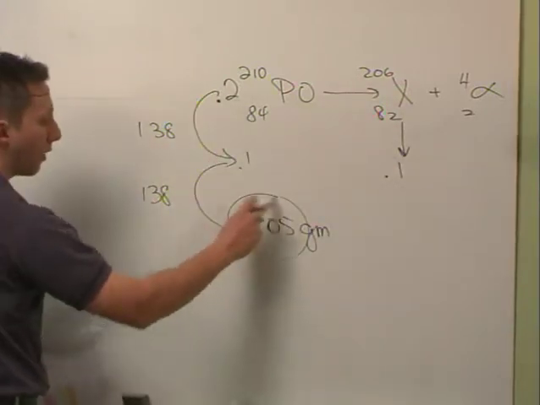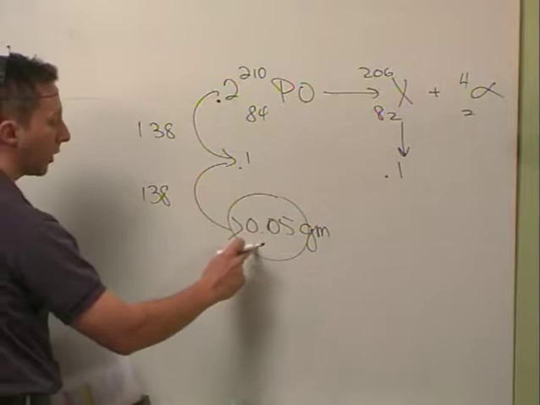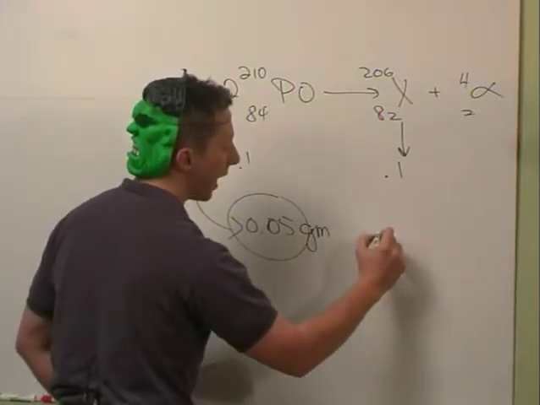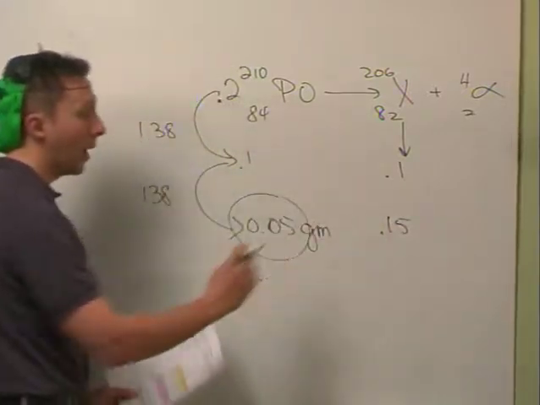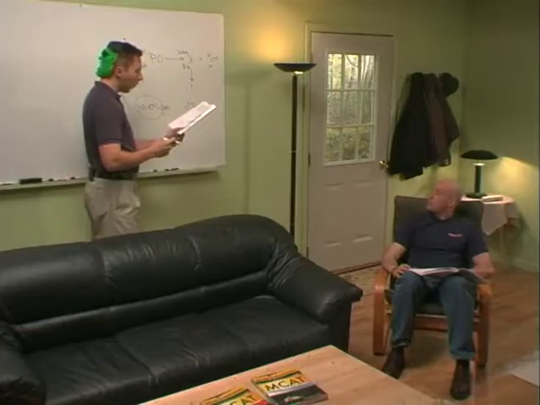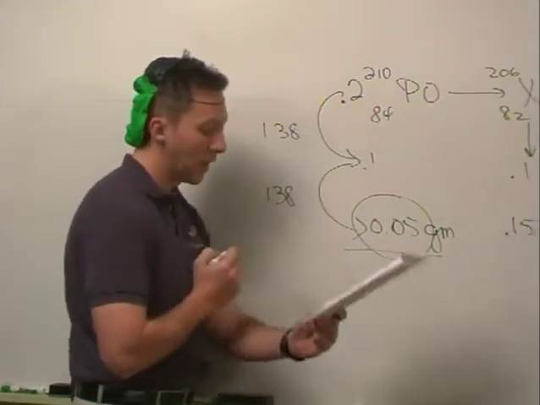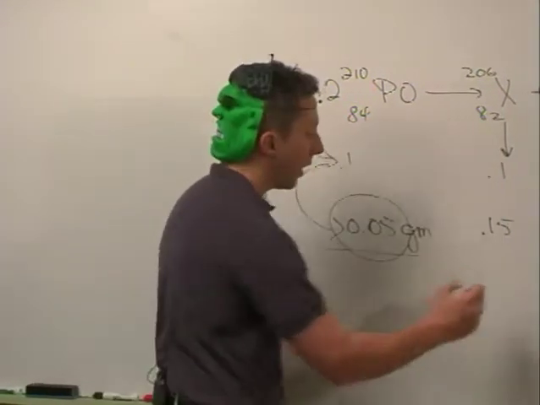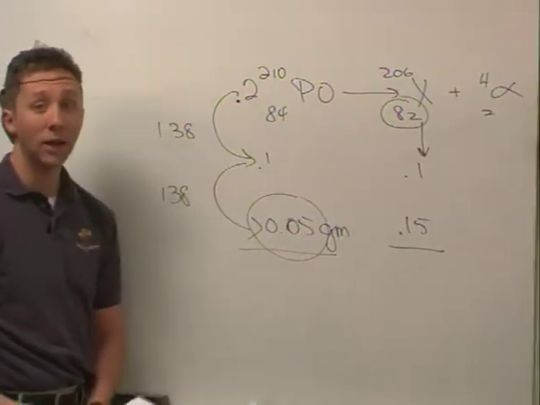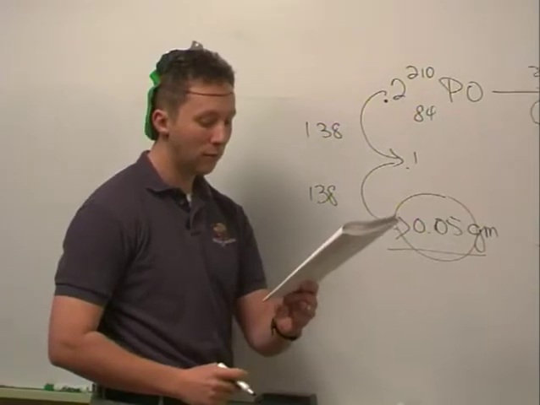After 2 half-lives, we have 0.05 of polonium, so we've subtracted another 0.05. We must have added it again to this mass. We must have 0.15 grams of our unknown. Let's find the answer choice that says that. That would be B, 0.05 grams of polonium and 0.15 grams of, and then they identify our unknown, which you could identify by checking the periodic table for element number 82, finding lead.